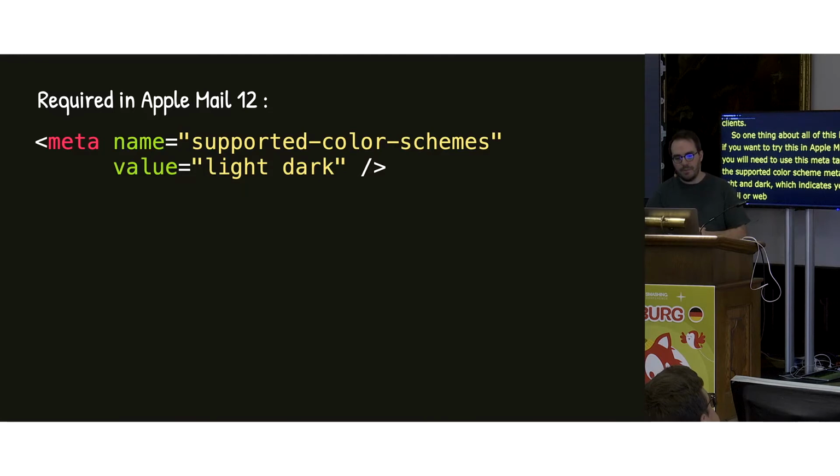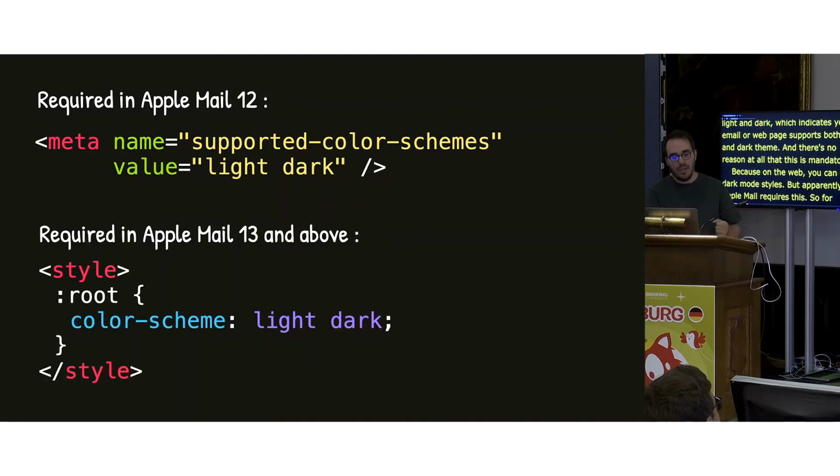And there's no reason at all that this is mandatory, because on the web you can do dark mode styles without this, but apparently Apple Mail requires this. So for Apple Mail 12 you need the meta version, and for Apple Mail 13 and above you need the CSS version with the color-scheme property. So that's just one small hack, but once you've done this, it works well.